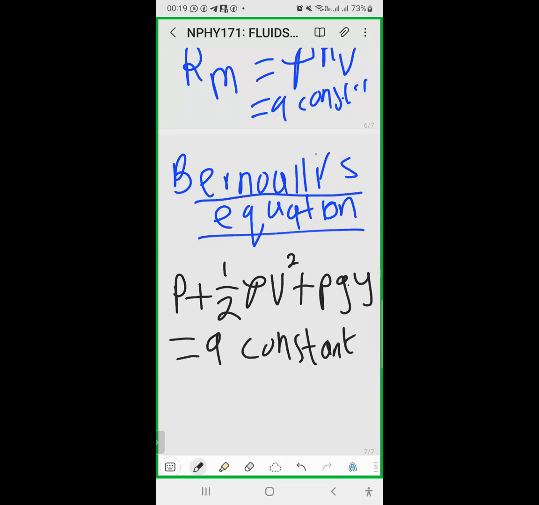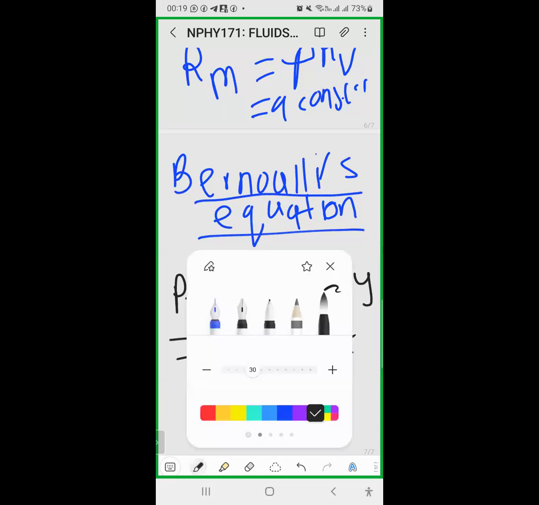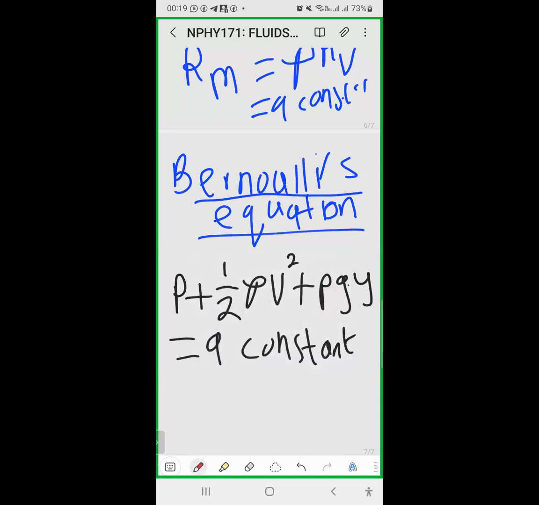In simple terms, we mean the height, right? And this is your density, and this is your pressure. Okay, so it's a very useful equation that you're going to be using to solve problems in fluid mechanics.